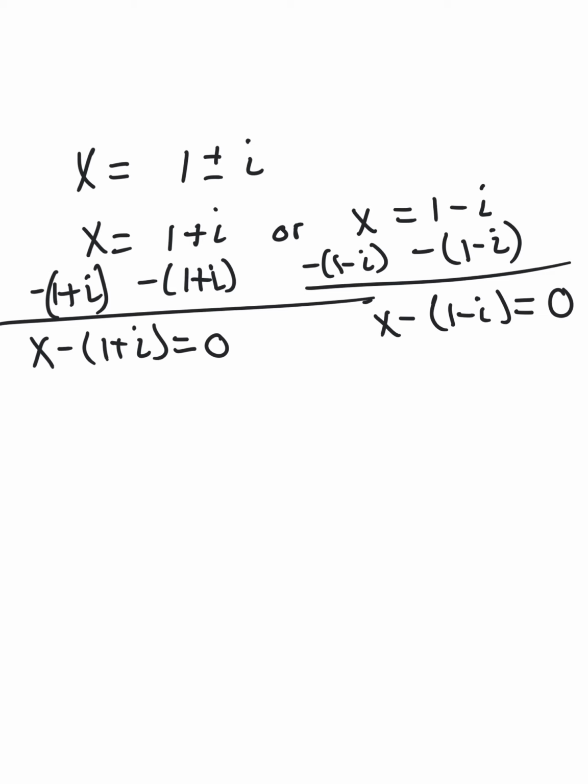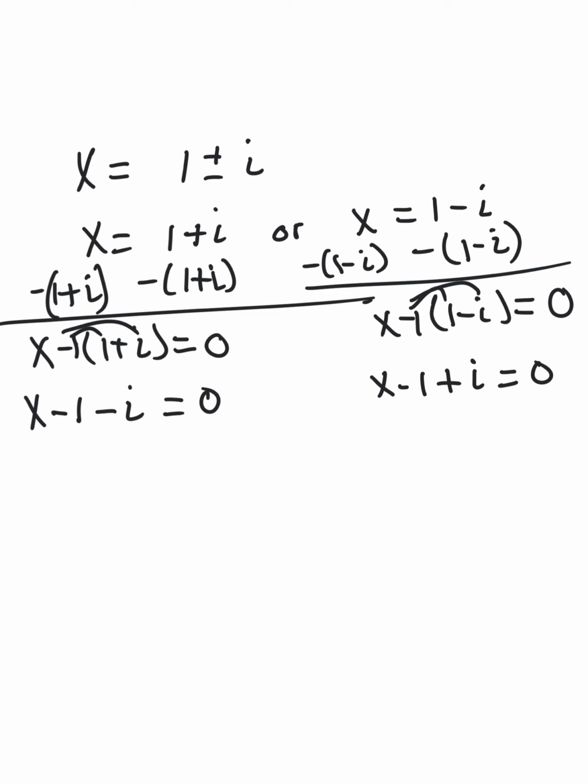Because these are minuses, I am going to distribute that negative: negative 1 times 1 gives me negative 1, and negative 1 times i would be negative i. Same thing on the second, when I distribute, I'm going to get x minus 1 plus i.